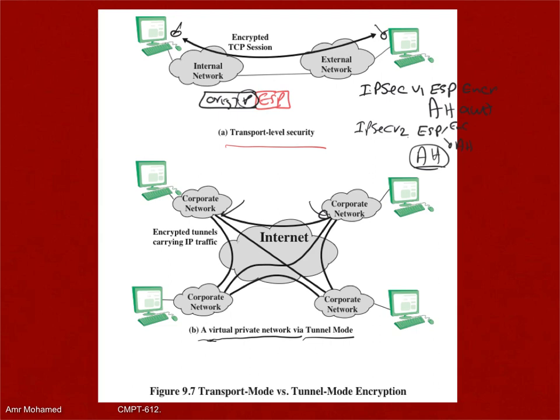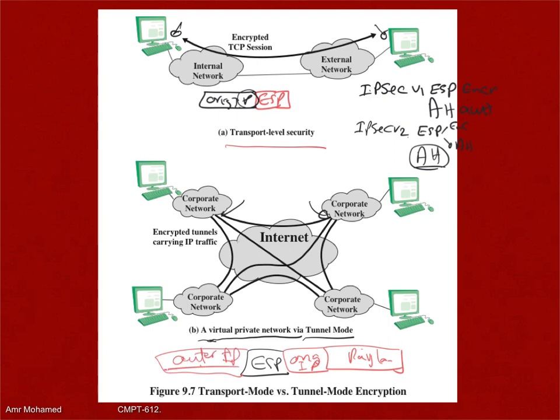So in that case, you have the payload, and then the original IP header, and then you add to that ESP and possibly AH, and then you add completely the outer IP. This outer IP is going to include the IP for the source and destinations.